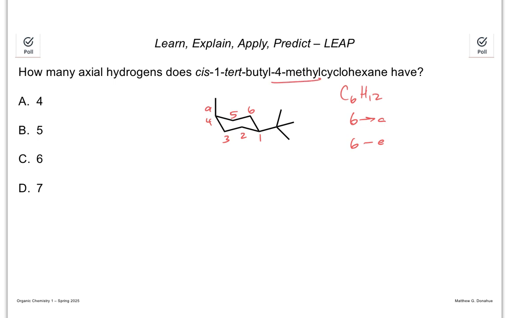So we've basically taken 6 minus 1, and that's going to get us 5 total axial hydrogens. So we have the 2 on the top, and then the 3 remaining on the bottom.